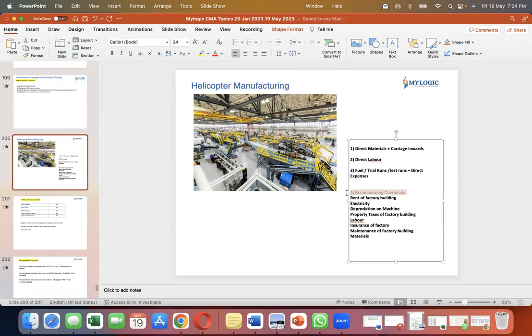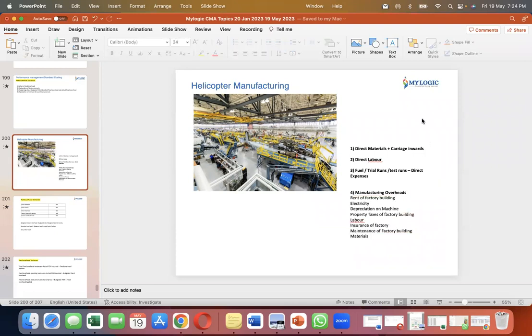Any expenditure relating to production other than direct material, direct labor, and direct expense, we call manufacturing overhead. Do you understand, guys? Everyone? Yes, sir. Clear on that?